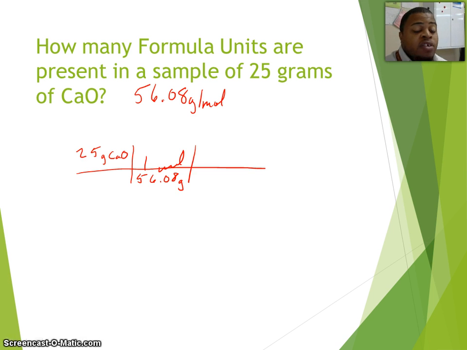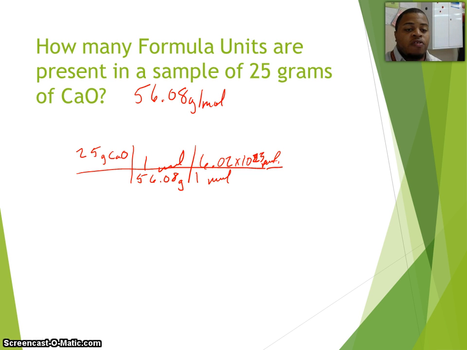Now, this answer, if I stop here, gets me to moles, but I need to go one step beyond. So my next thing is I need to bring moles down, so I'll be able to cancel it out, and I have 6.02 times 10 to the 23rd particles.